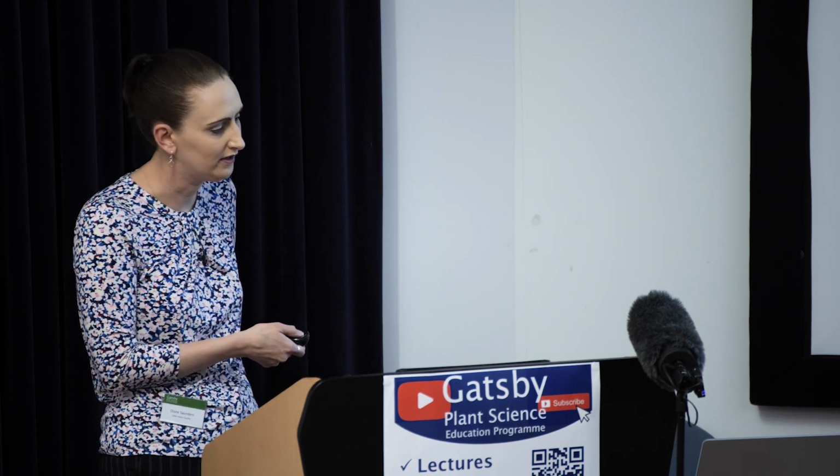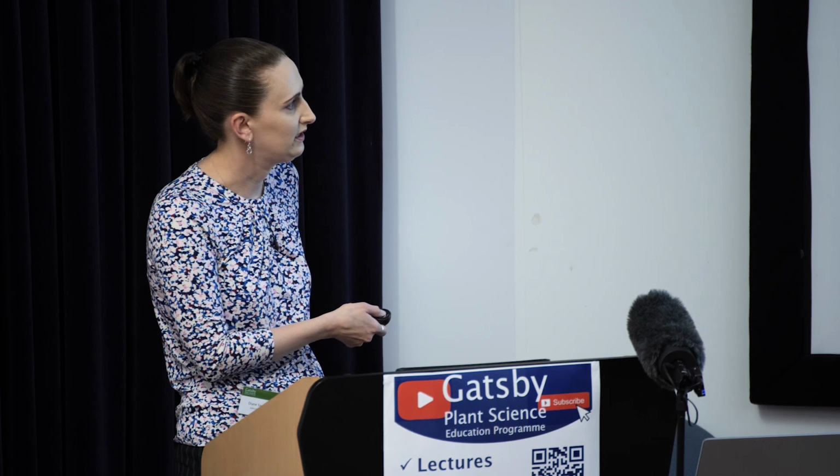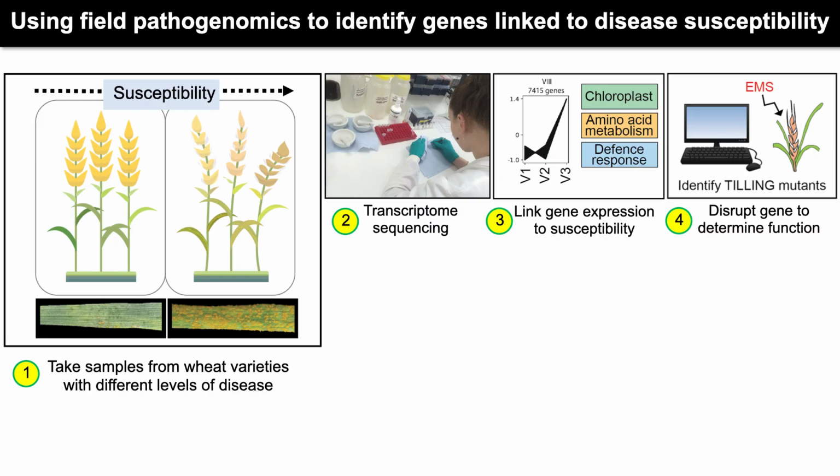And then once we've got a theory from our data, of course, we have to actually test this and see whether or not that element is required for the fungus to cause disease. The way we do this is we identify mutant plants. We can find mutant plants, and then we can disrupt the single gene that we may have pulled out and thought might be the critical element that the fungus needs.